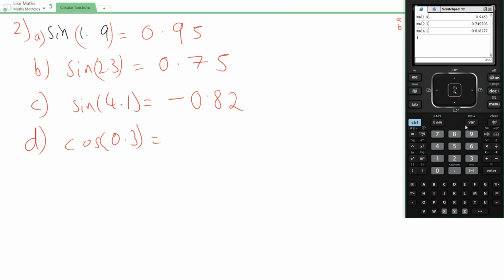Another little funny thing I learned about the calculator is you can actually type out the word cos, C-O-S bracket 0.3 close bracket. So that's 0.96.